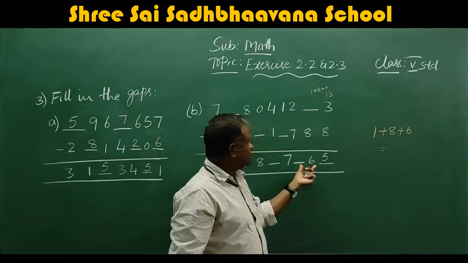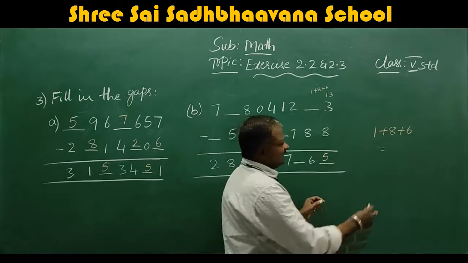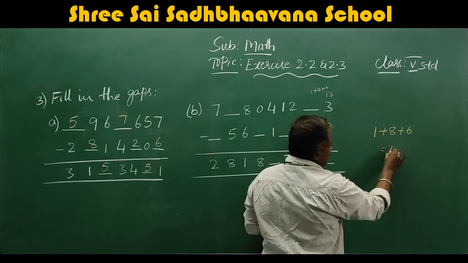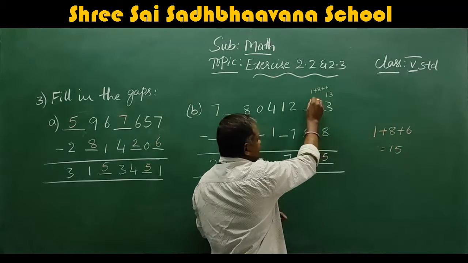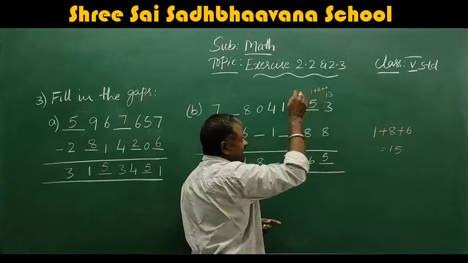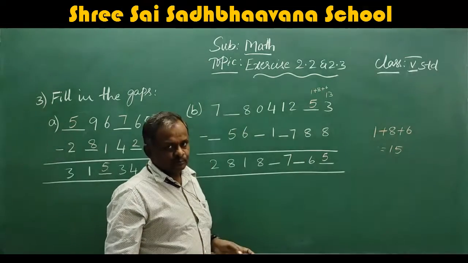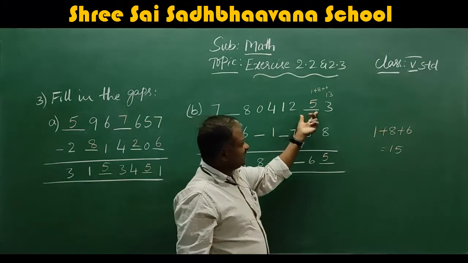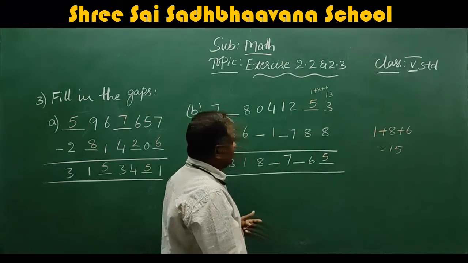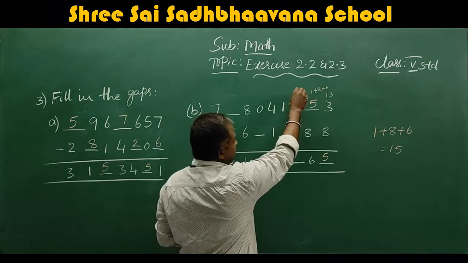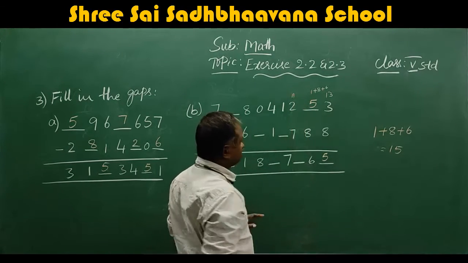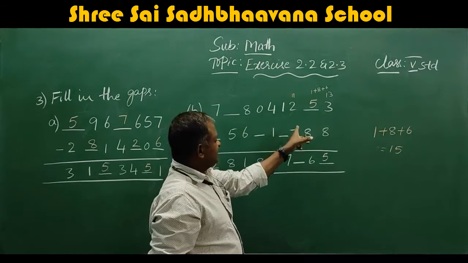So the total of this should be here, that is 14 plus 1, 15. So you have to write 5 because we have to take carry 1 here. Okay, this is 15.